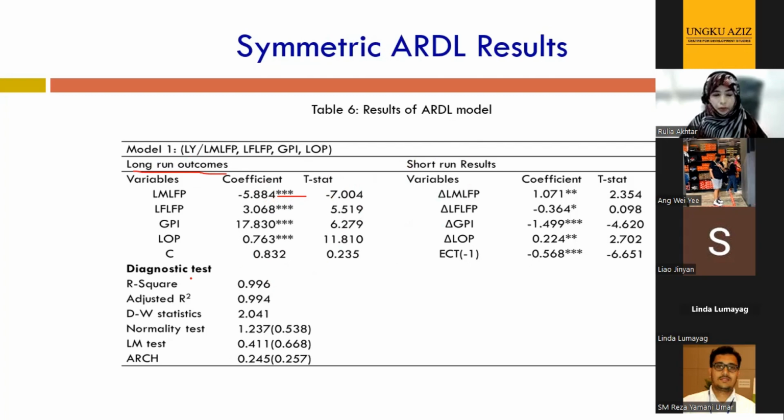So here, our dependent variable is economic growth. We can consider here female labor force participation. Okay, so here, male labor force participation has a negative relationship with economic growth. Why? I think sometimes they don't have the advanced skill or technological skill.